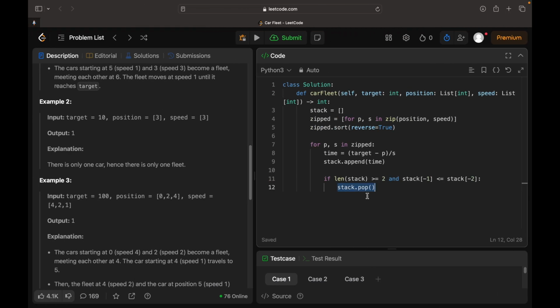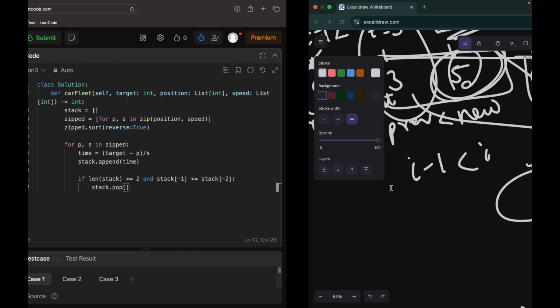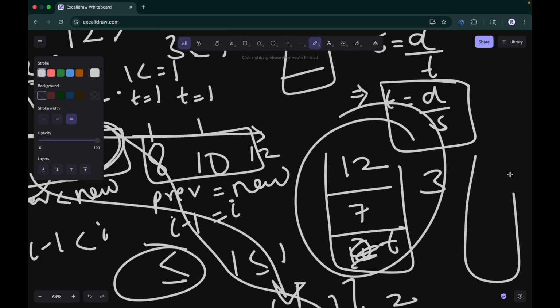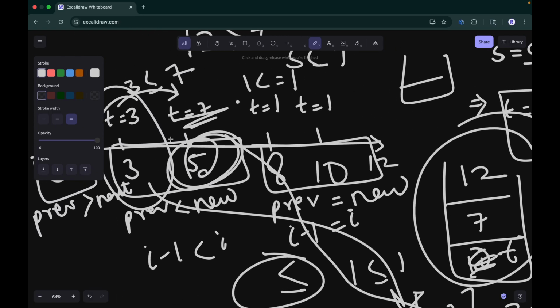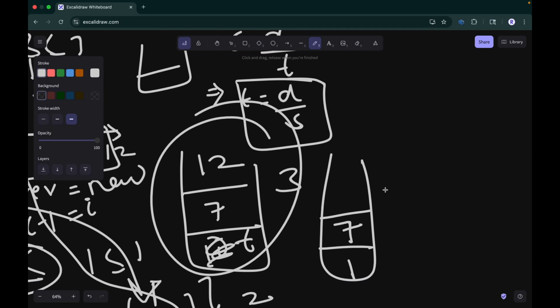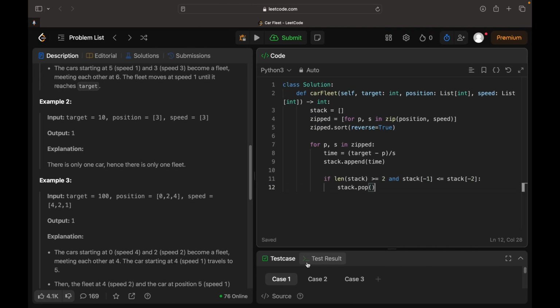Cool. So again, let's say the very first car would reach in time 1, the second set of cars would reach at 7, then we have the guy who's ready to reach in 3, but the guy ahead of it is slowing it down, making sure that the guy who can reach in 3 will reach in 7. So because of the guy driving slowly, we're going to reach slowly.